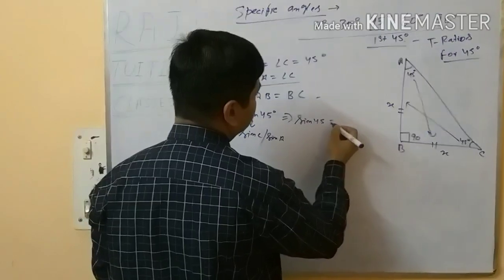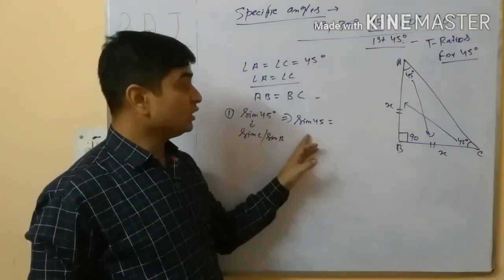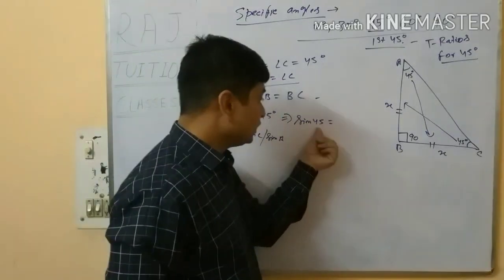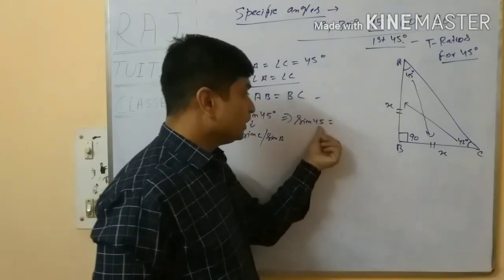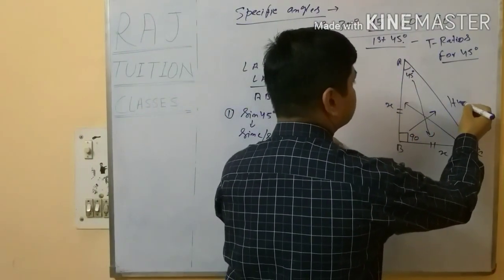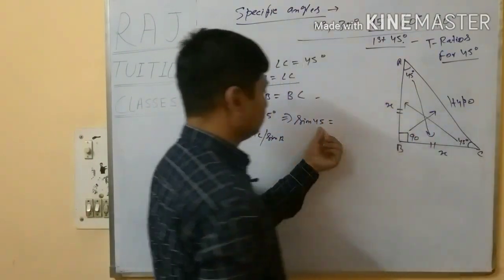Now recall the formula. What is the formula? Sine function is always the side opposite to the angle divided by the hypotenuse. The hypotenuse is the longest side. This one is the hypotenuse.